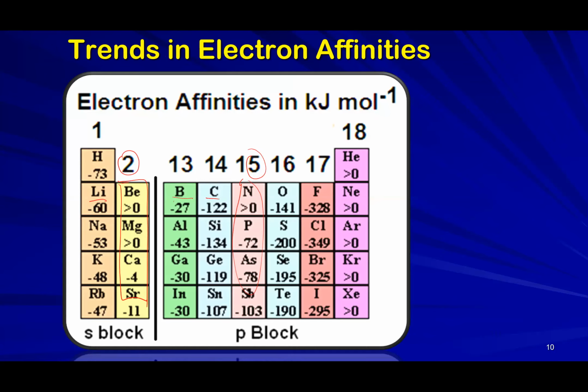You can see that the values are becoming more. Here we have negative 60. Here we have negative 27. Here we have negative 53. Here we have negative 42. So the values, as I said, they are negative because energy is released.